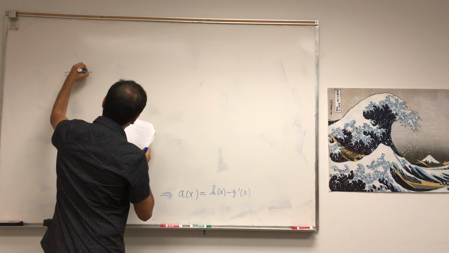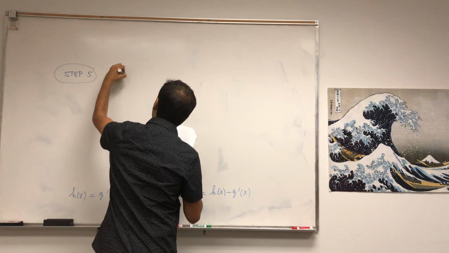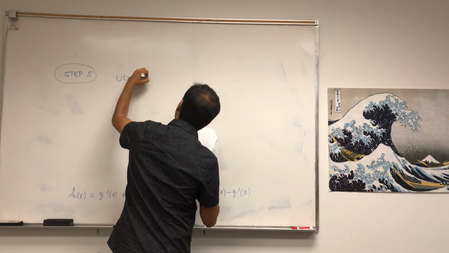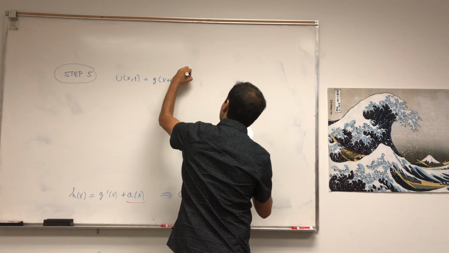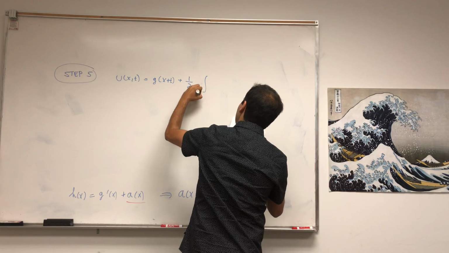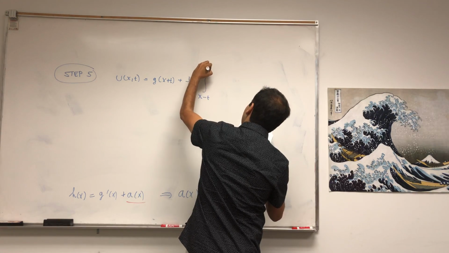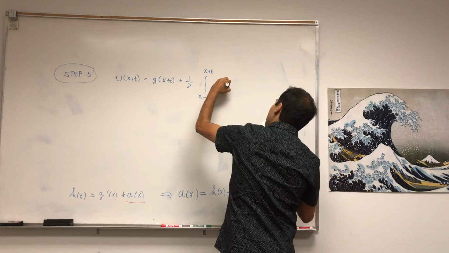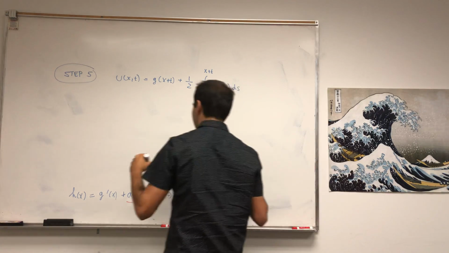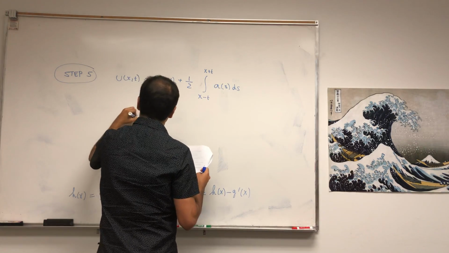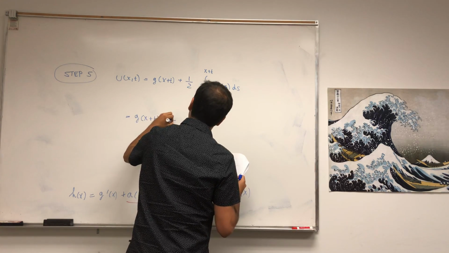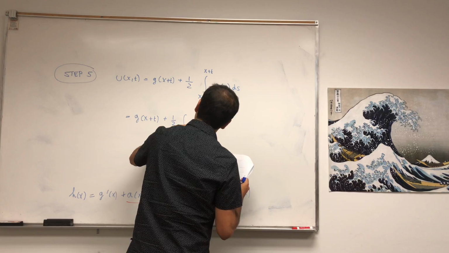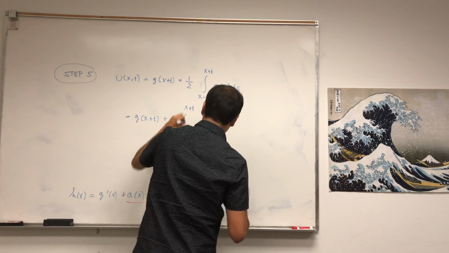So step 5, again, what have we found so far? u of x,t is g of x plus t plus 1/2 integral of x minus t, x plus t of a of s ds. And that now becomes g of x plus t plus 1/2 integral of x minus t, x plus t.